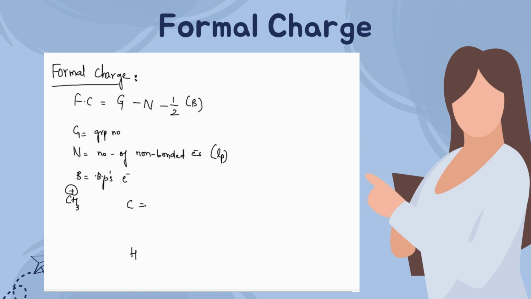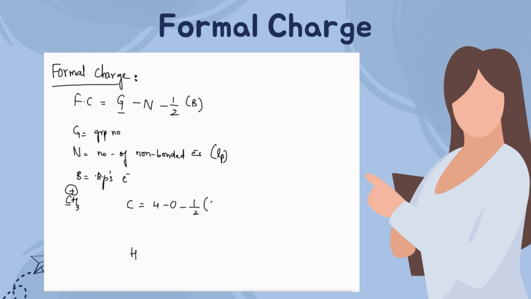Now first we'll calculate it for carbon. The group number of carbon is how much? 4, minus the number of non-bonded electrons in carbon, which is 0, because it belongs to group 4A. And bond pair electrons: there are 3 bonds around carbon, which is bonded with hydrogen. Each bond indicates 2 electrons.